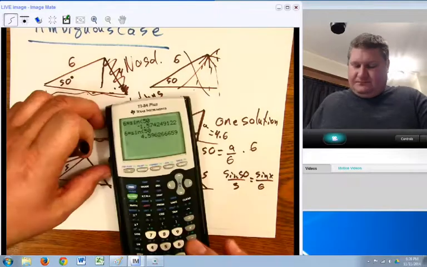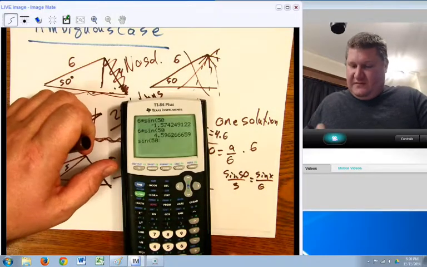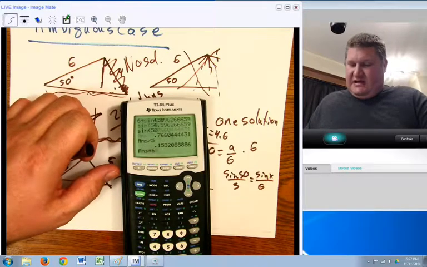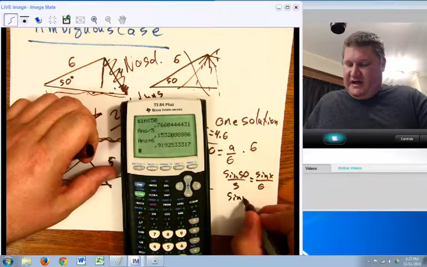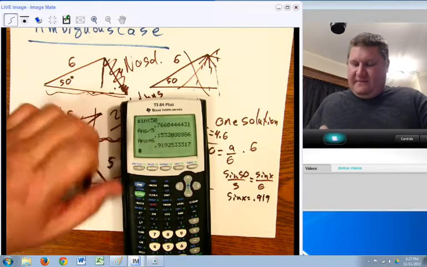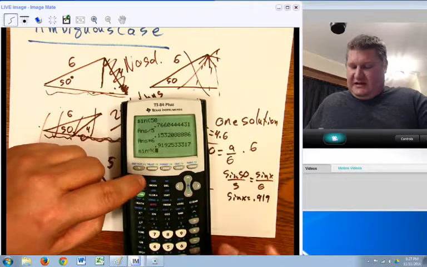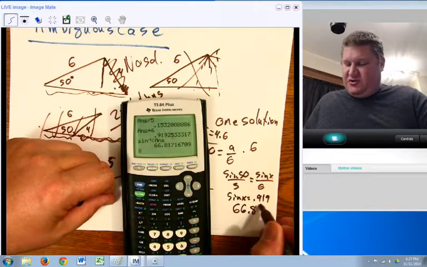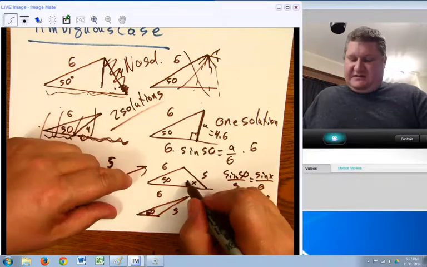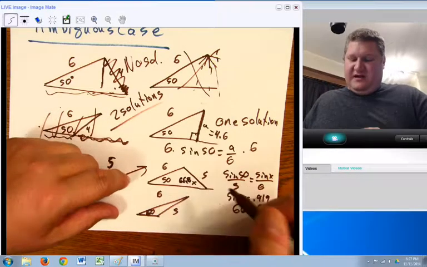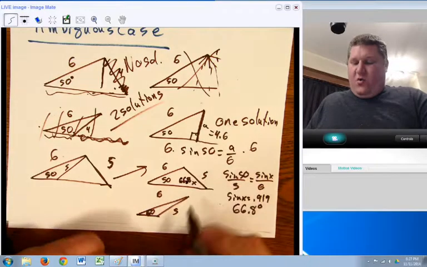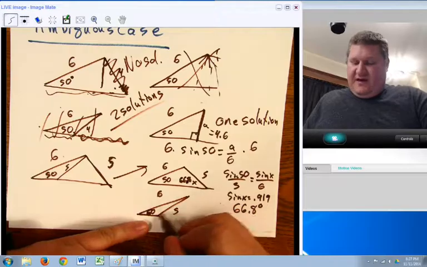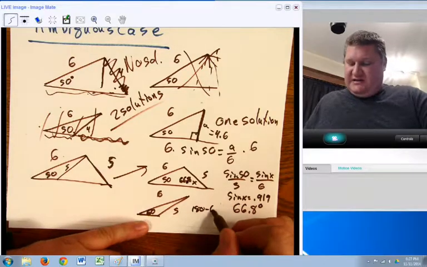So, sine 50, enter, divide by 5, enter, times 6, enter, that gives me sine x equals 0.919, second sine, second answer, and that tells me I have a 66.8 degree angle. So in this case, 66.8 degree angle, or if that's the acute version, the obtuse version would be if I had 180 minus 66.8.